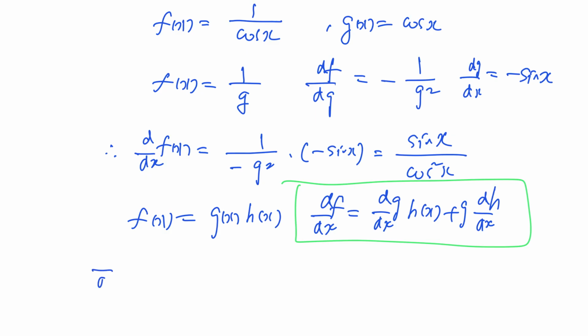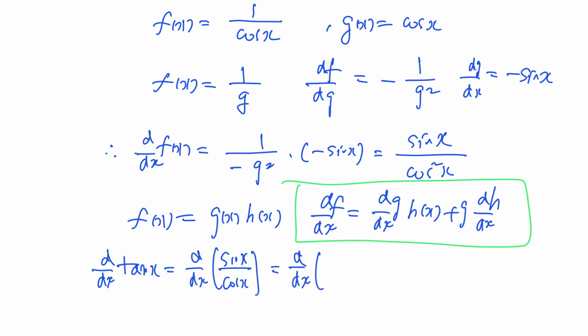So d/dx of tangent x is d/dx of sine x over cosine x, which is d/dx of 1 over cosine x times sine x, plus d/dx of sine x times 1 over cosine x.